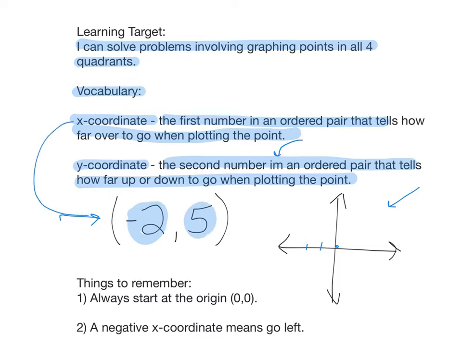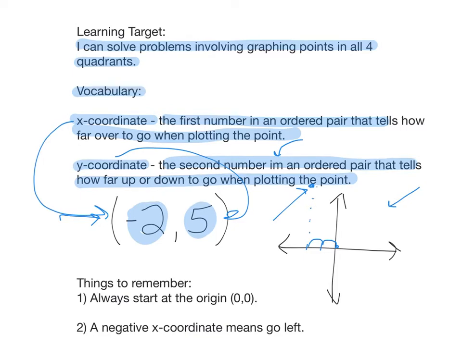So x-coordinate, y-coordinate. So the y-coordinate tells me how far to go up or down. Since 5 is positive, I'll go up 5. 1, 2, 3, 4, 5. So that point would be somewhere around there. Okay? So once again, over -2, up 5.